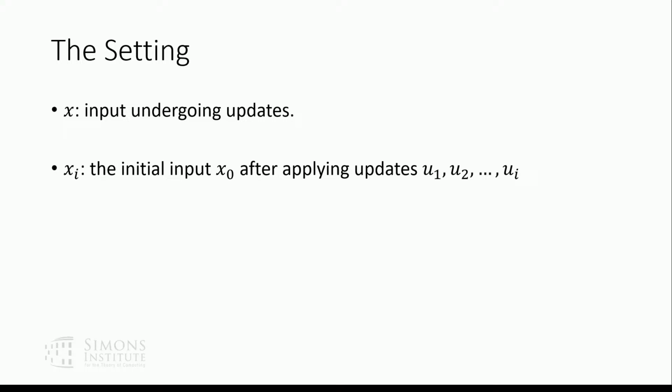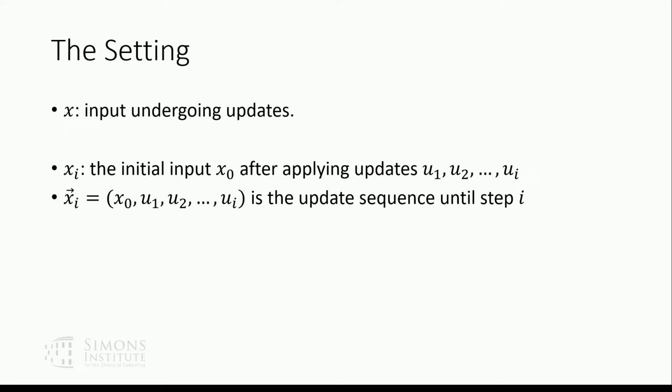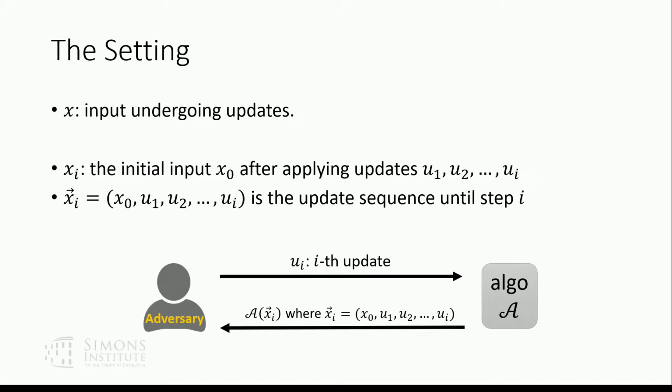You can think of this as an initial graph, and this is an edge update to the graph, for example. And I will use X vector i to denote the update sequence from the beginning up to time i. So what's really happening is that you have an adversary which at time i gives us the ith update, and you have algorithm A, which outputs its answer based on the update sequence it has seen so far. Just a simple setting.